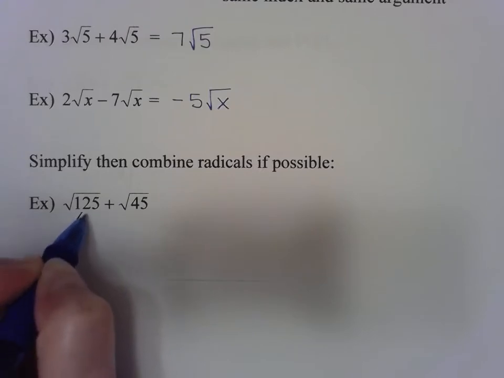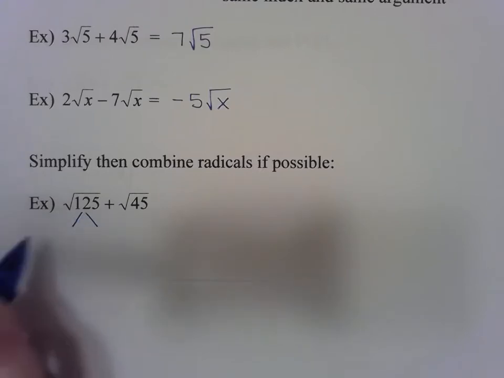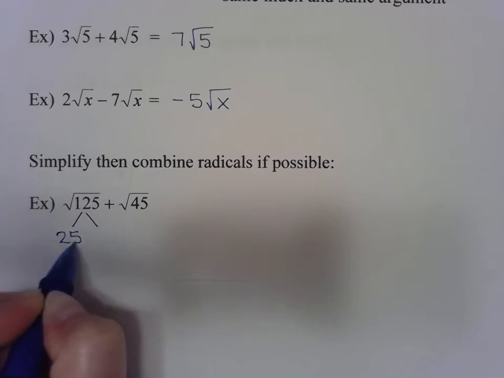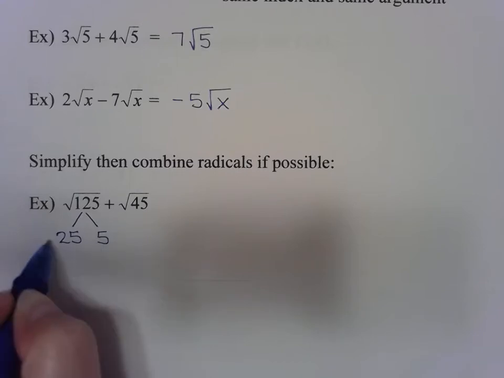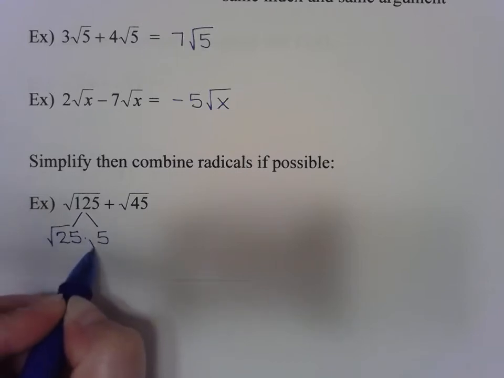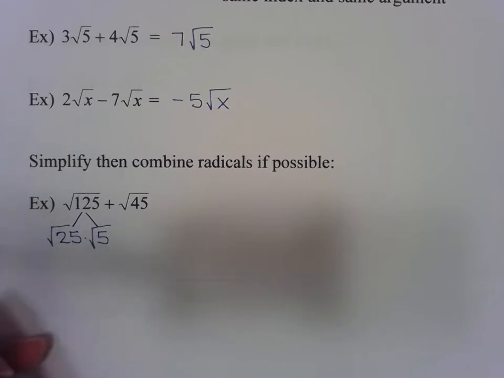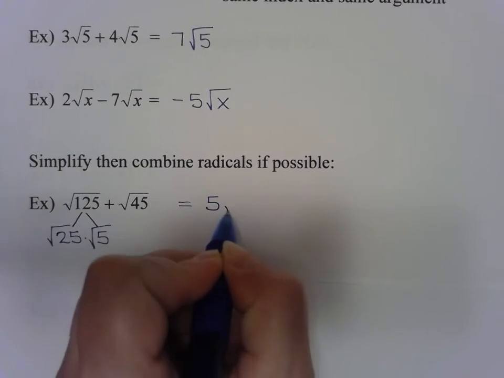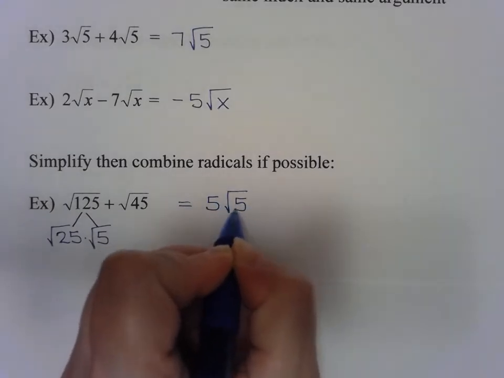I want to break up 125 into 2 things that are multiplied, one of them being a perfect square. I know 125 is 25 times 5. So I'm going to use the product rule to break that up. The square root of 25 is going to give me 5 times the square root of 5.